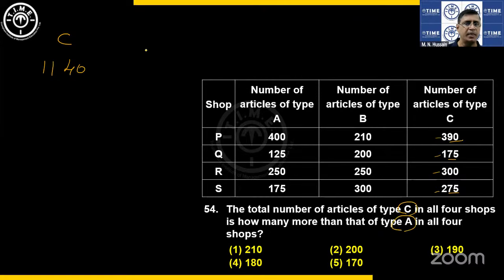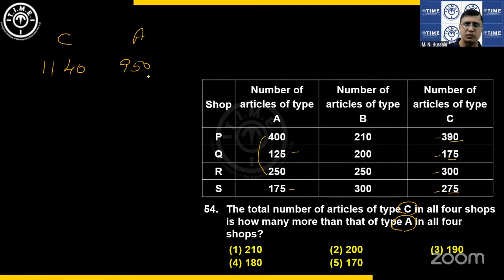Now check with A. What is the total number of articles in A? 400, 125, 250, 175. 175 and 125, adding these two, we get 300. 300 plus 650, that is 950. Now, what is the difference? So, what to find? How many more?